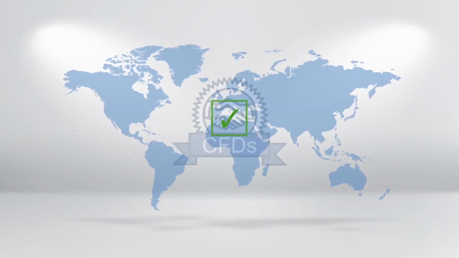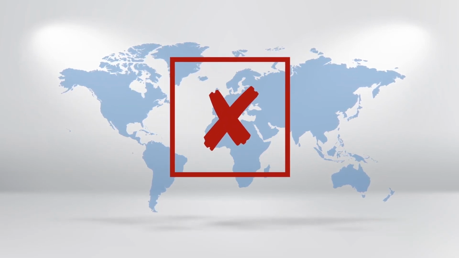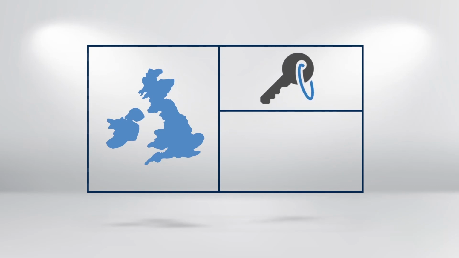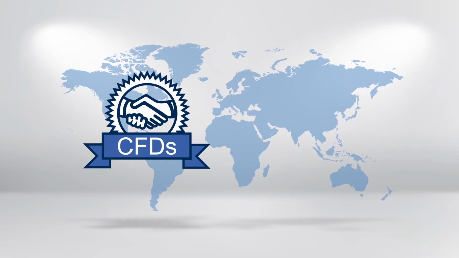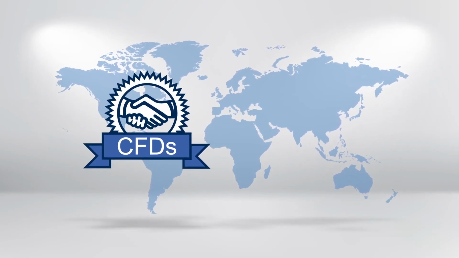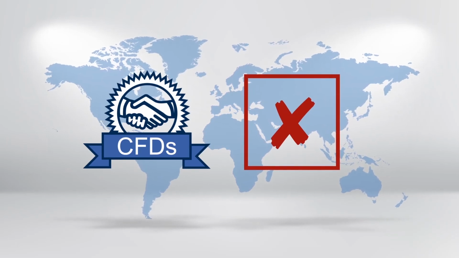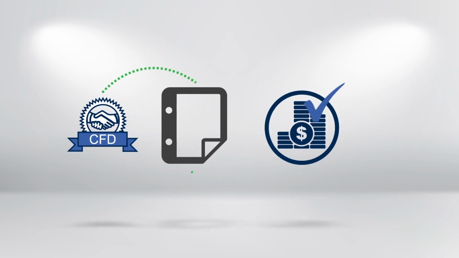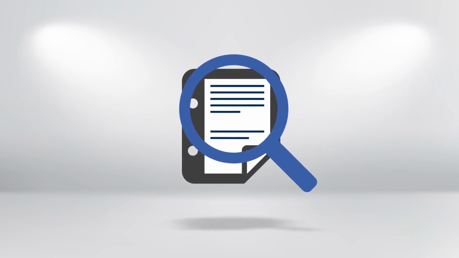CFDs can also have regional benefits, or in some cases, be banned. For example, in the UK, as you never own the asset, your CFD is not liable to stamp duty. Conversely, if you're an investor in certain parts of the world, CFDs are not a product you can purchase. Many CFD guides present the concept as an extremely cost-effective method of trading, and they can be, but it's essential that you're aware of the entire process.